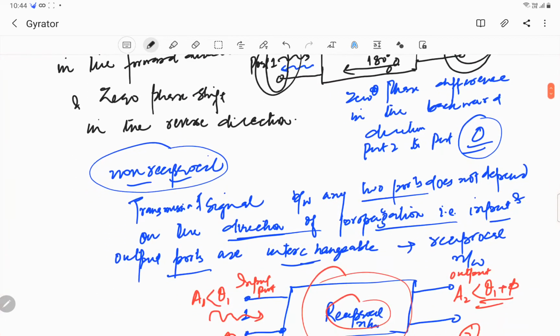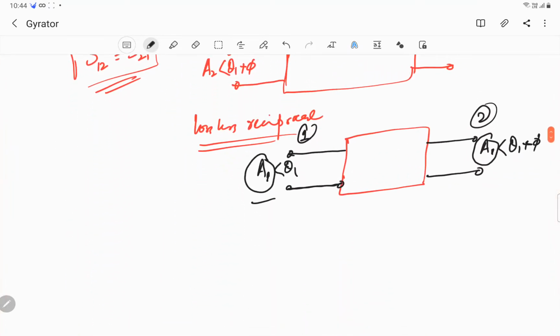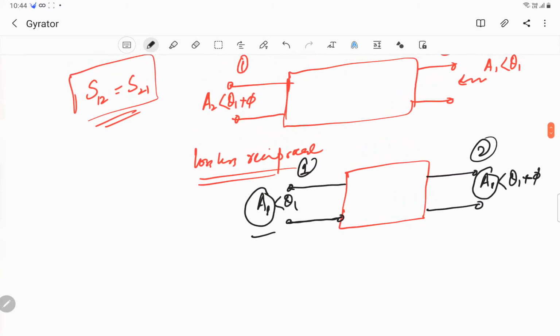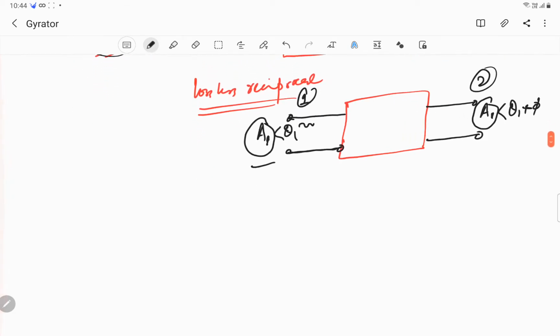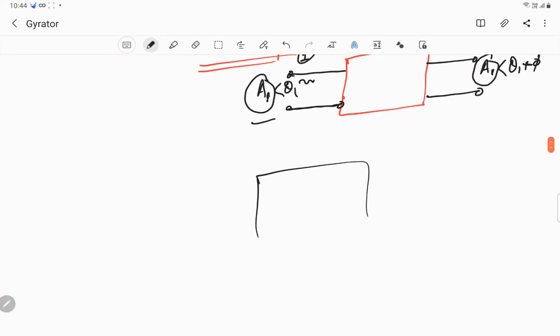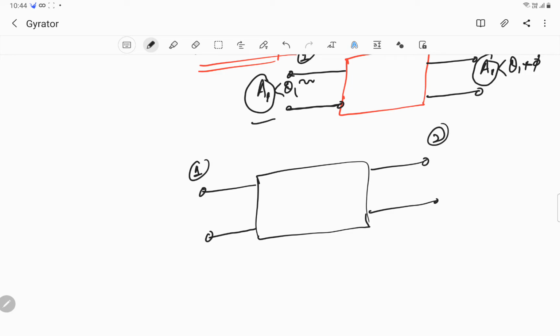Now if I dig slightly deeper into this reciprocal network in terms of S parameters, I said S12 is the same as S21. Let me draw a two-port reciprocal network. This is port number 1, this is port number 2.